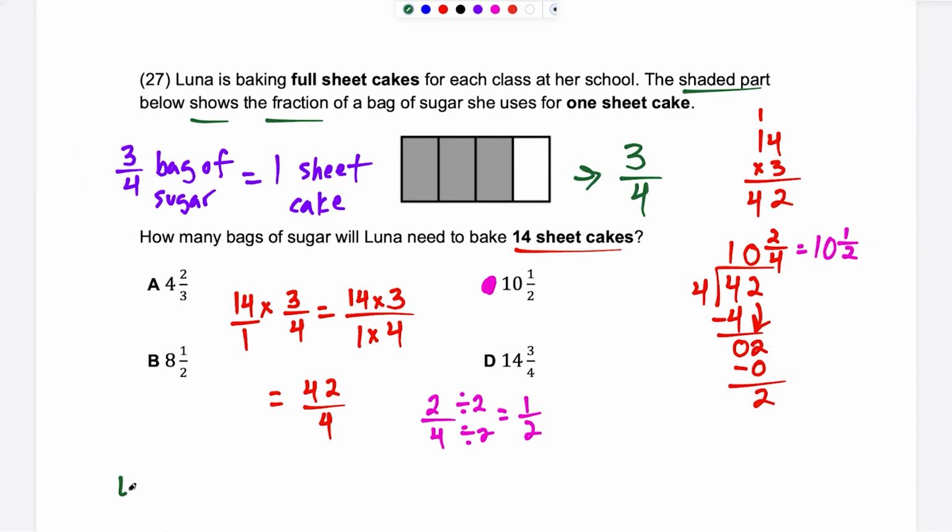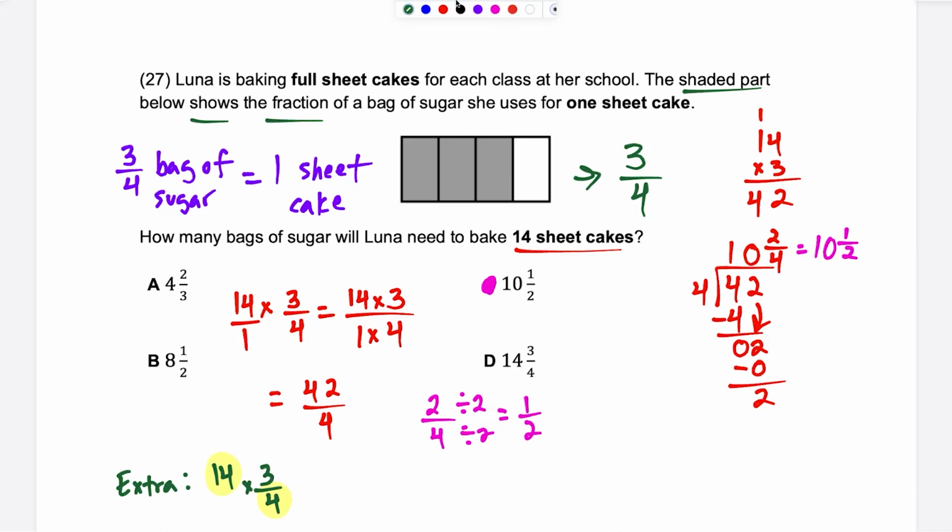Now, one extra tip, something we could have done. When we multiplied these two numbers, we could have reduced before we multiplied. So when we did 14 times 3/4, we are allowed to divide 14 and 4 by 2. What I have here is 14 over 4.